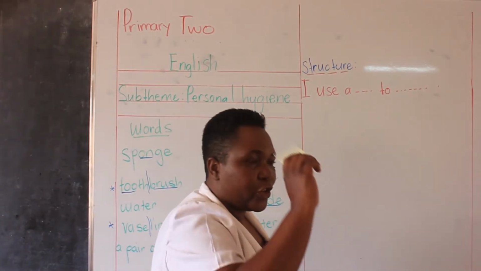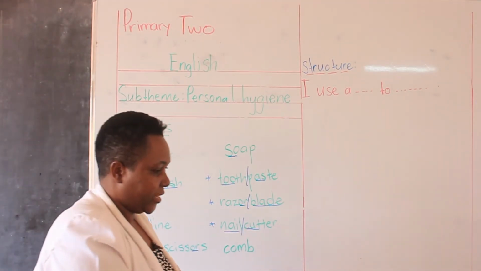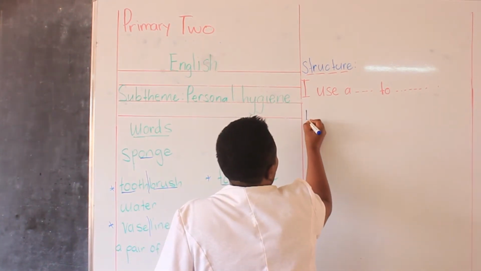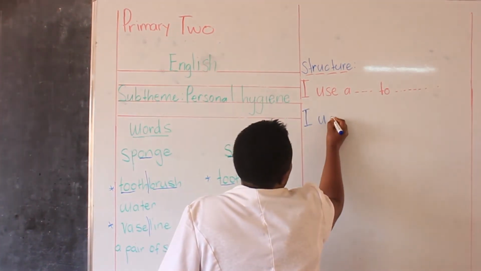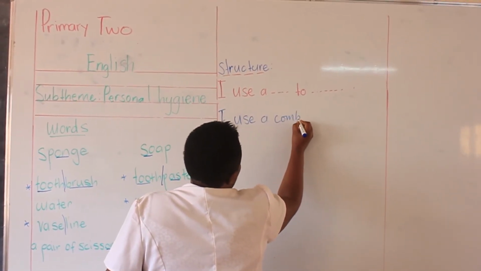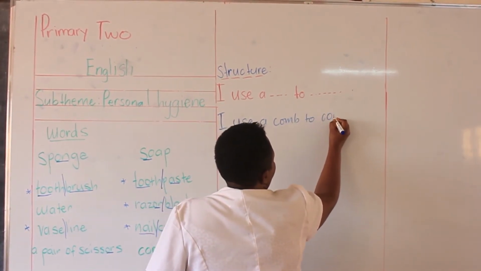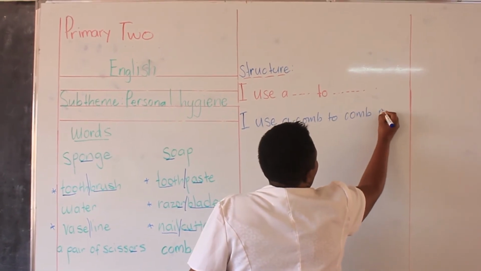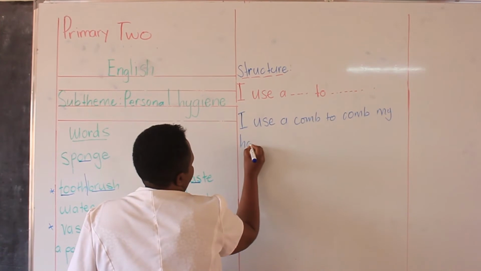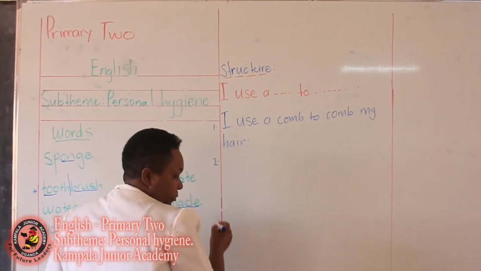We can say, I use a comb to comb my hair. We are going to write it. I use a comb to comb my hair.